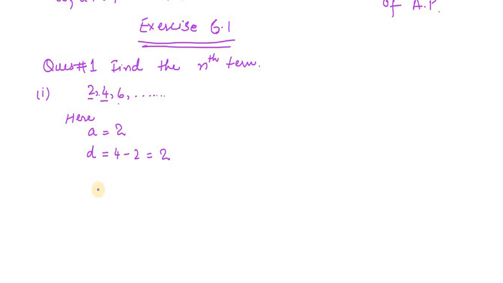We know that the formula of the general term Tn is equal to a plus n minus 1 of d. We have to find the nth term, so n will stay as n. If we want to find the 2nd term, 15th term, or 16th term, we put in place of n the given number 15 or 16.